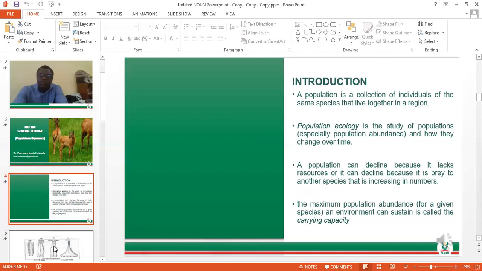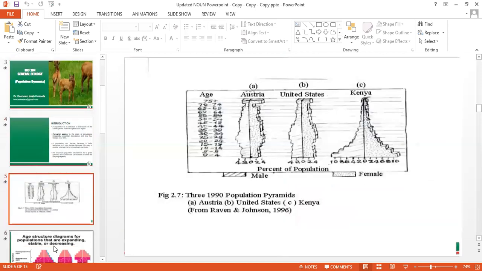When we look at the next chart, we see a population that is expanding, a population that is stagnant, and a population that is decreasing.